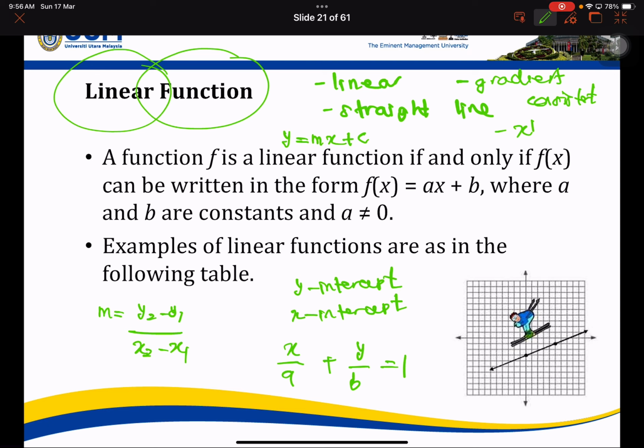So, what is this form? X over A plus Y over B equals to 1. Oh, you haven't seen this one. What is this? That's Chapter 7 already.